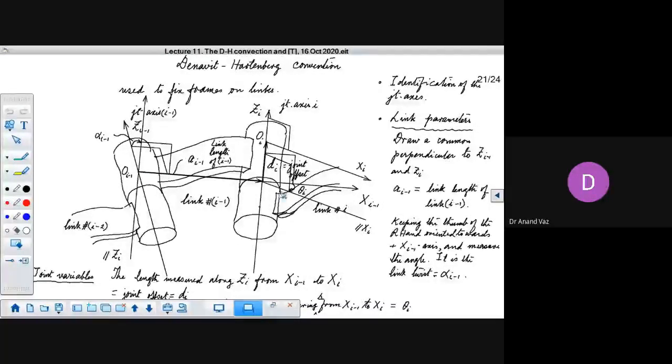If the axes Zi minus 1 and Zi are skew, it's possible to have only one perpendicular to them. That would provide us with the shortest length. Naturally, it would be perpendicular to the axis Zi minus 1 as well as perpendicular to the axis Zi.